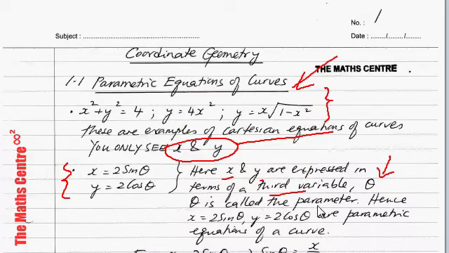That third variable is called the parameter. So x equals 2 sine theta and y equals 2 cos theta are parametric equations of a curve. So let's do a little bit of cleaning up.